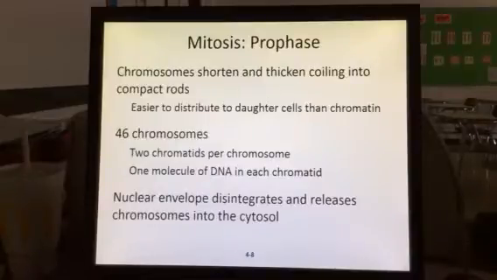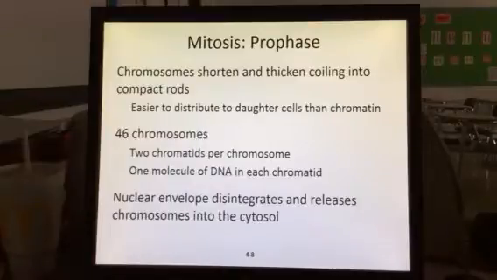The reason that chromosomes need to form is because during mitosis, we're going to organize and separate these chromosomes so that the 2 new daughter cells get the right amount of chromosomes. And so it's easier to distribute DNA when it's in chromosomes versus chromatin. In chromatin, it's just a big old ball, but in chromosomes, they're organized a little bit better.